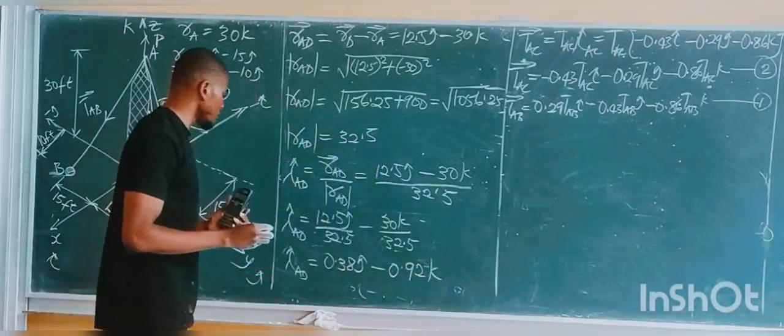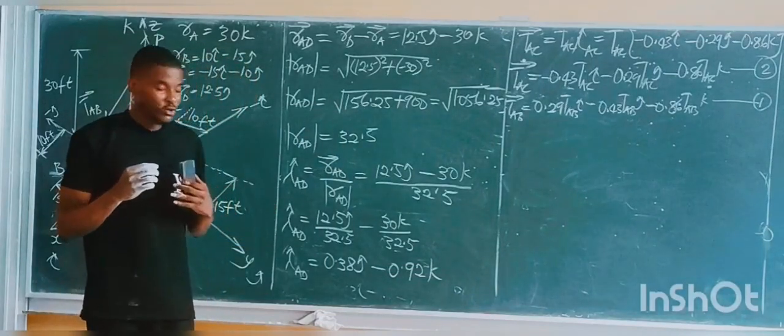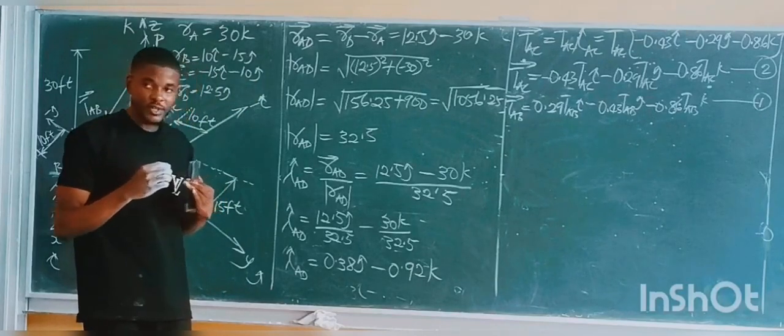Having done this, the next thing to do is to look for the position vector of the tension in cable AD.